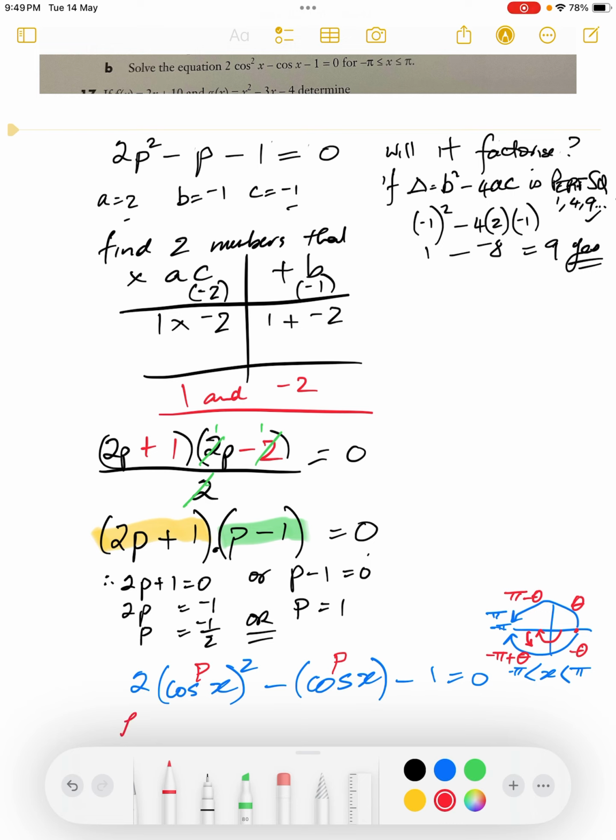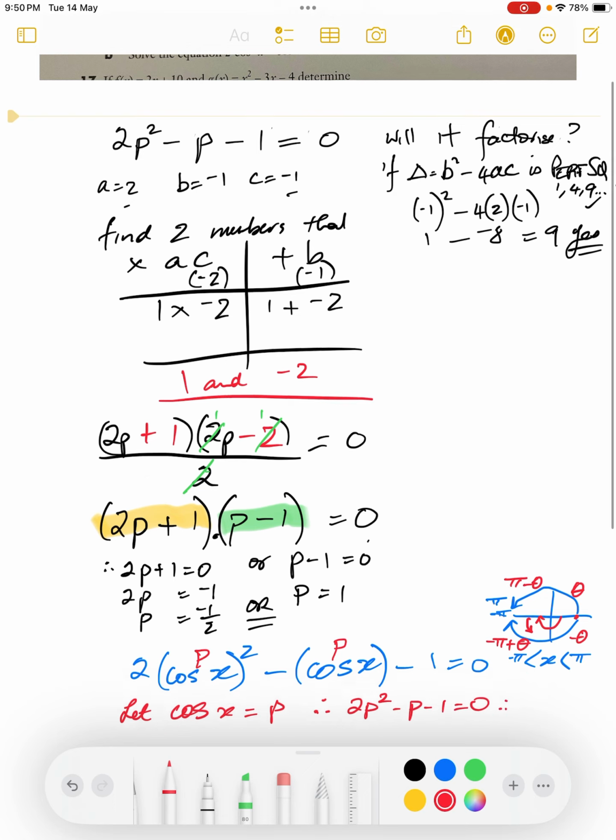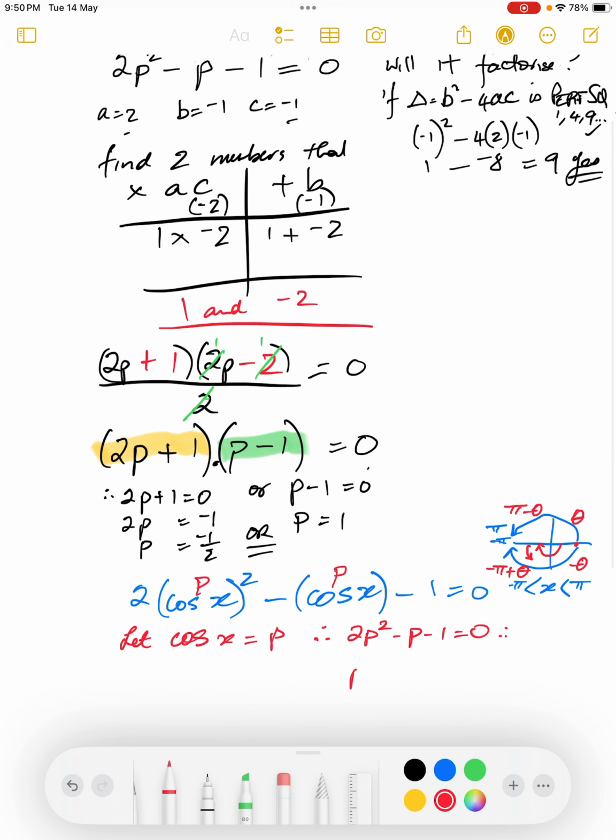So if we let cos x equals P, then 2p squared minus p minus 1 equals 0. Therefore, just like what we've just done, p can equal negative a half. We don't have to solve it again. Or P equals 1. So we get these two possibilities.